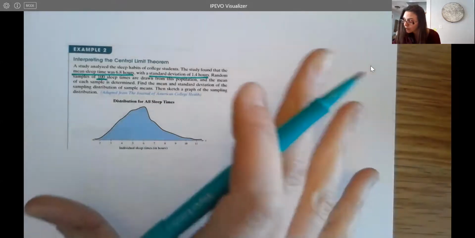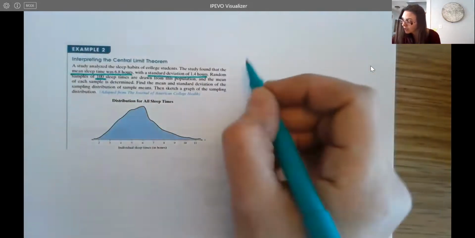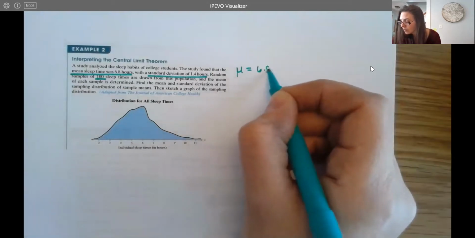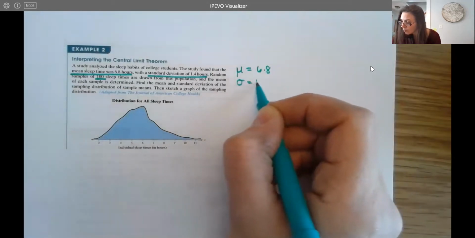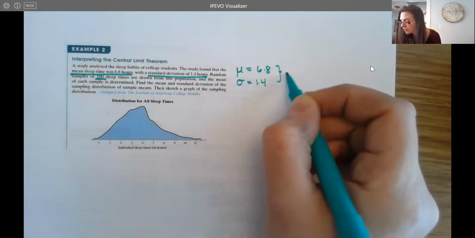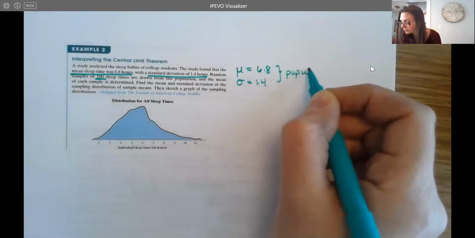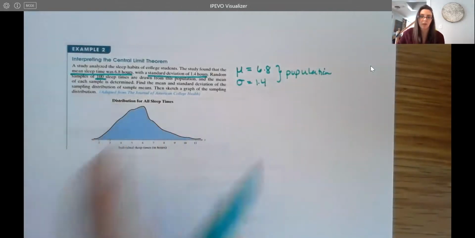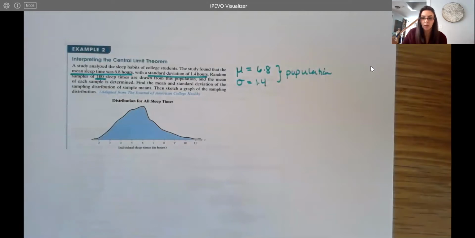First of all, in the population, I know that the mean was 6.8 hours and the standard deviation is 1.4. Again, this is on the population. They're giving us the graph of the population, so you can see it's not normal. It's not bell-shaped. It looks pretty skewed.